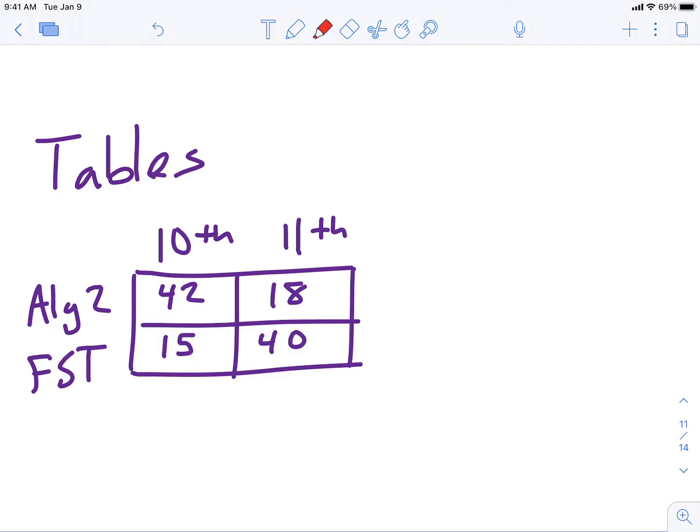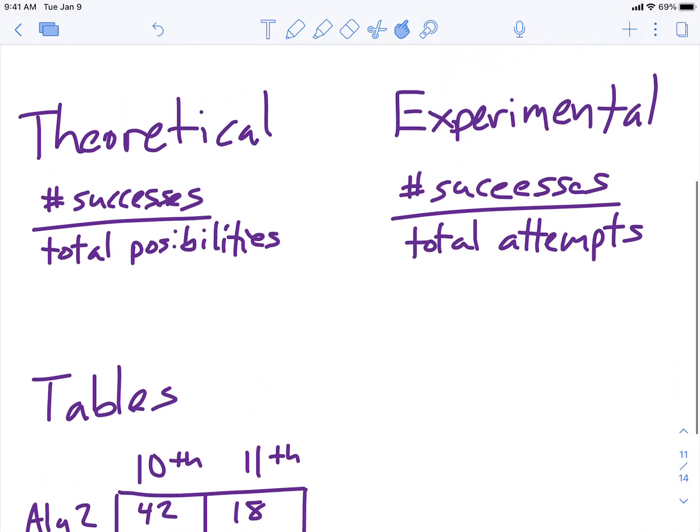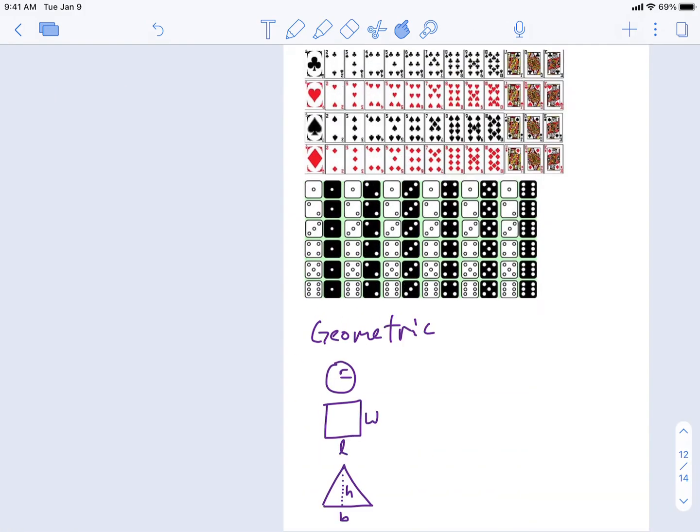If instead I said, what is the probability that a student is a 10th grader in Algebra 2, now I would be looking at the entire thing, and I'd be saying that it is 42, the 10th grade Algebra 2 students, over the entire sum of the table, which in this case is 60 plus 115, I think.